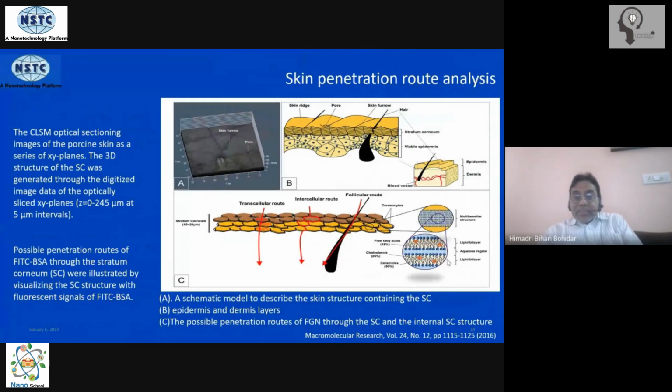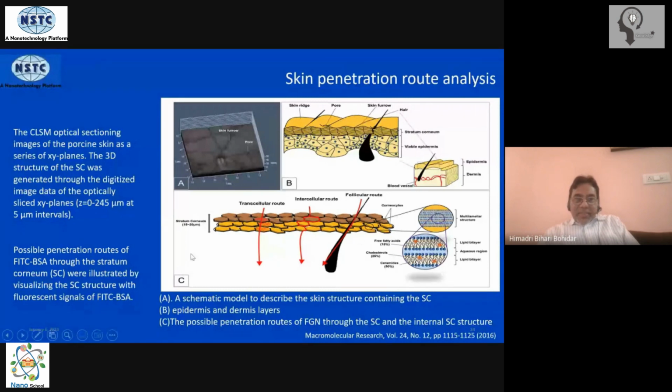Now, this is a typical pathway description of how the skin penetration works. So, in the top side, on the upper plane, you see the structure of the skin or different components of that. And in the bottom layer, the second panel, you see how the permeation deeper into the transdermal system happens.